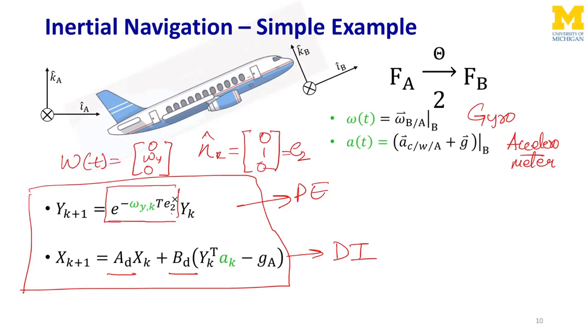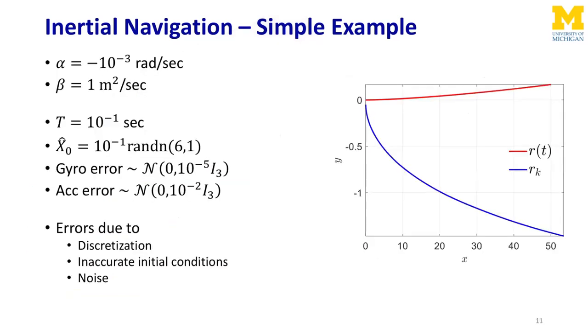We have the discretized double integrator equation. We have these measurements. Our accelerometer is giving us this measurement. And that's all there is to inertial navigation. So using inertial sensors, you get the angular velocity, you get the acceleration, and then you use these two equations to update your state, which includes the position, velocity, angular attitude, and the angular velocity.